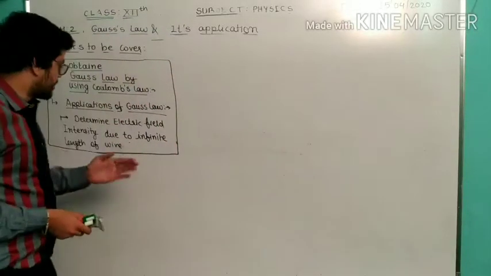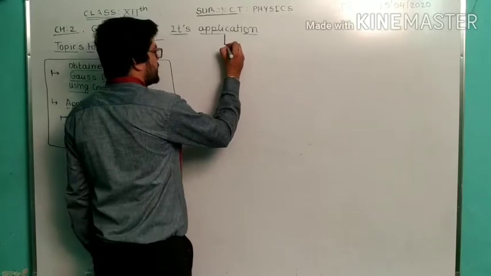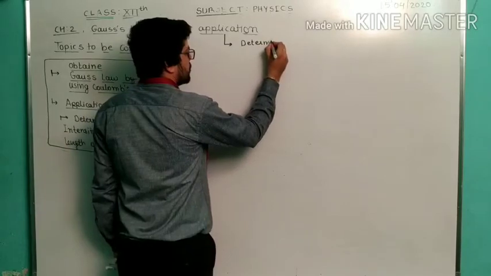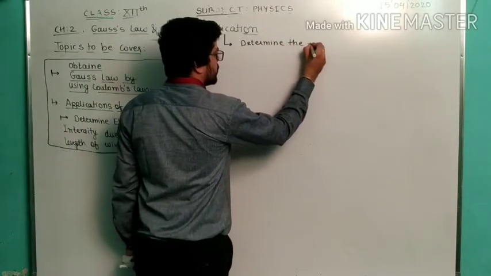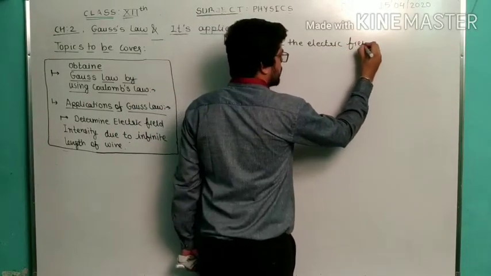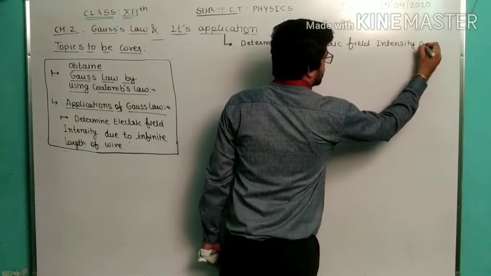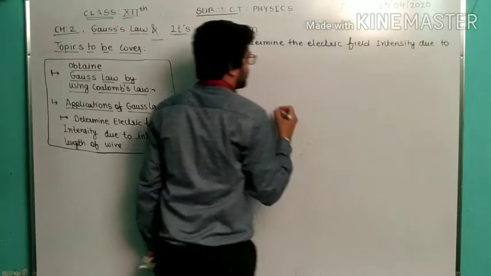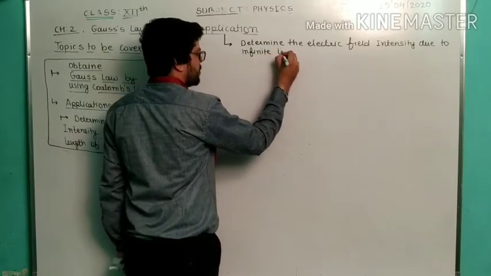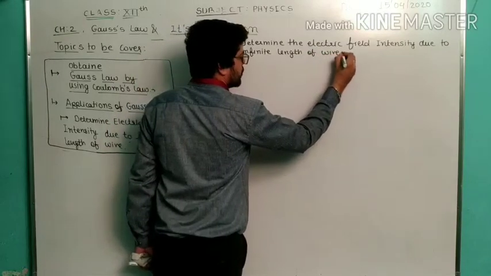So now we are talking about the second topic, application of Gauss law. So what is the application of the Gauss law? Its application is to determine the electric field intensity due to infinite length of wire.